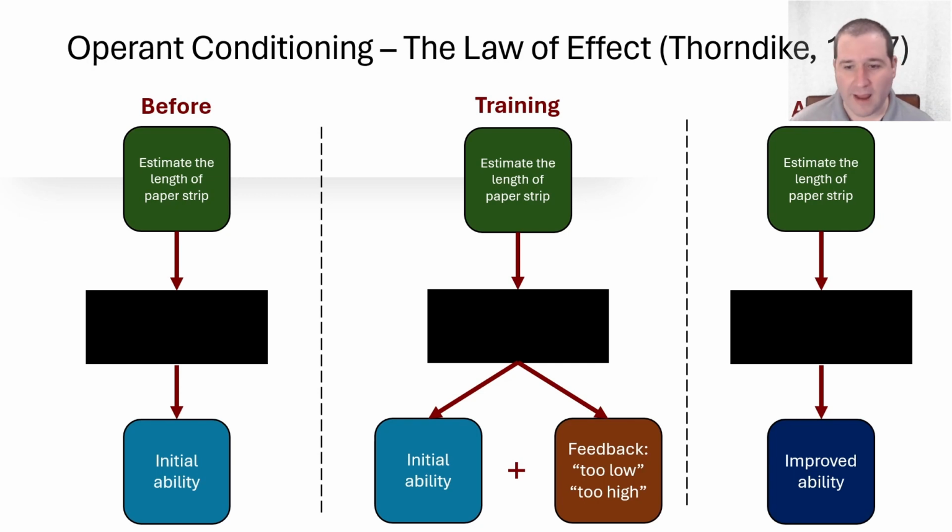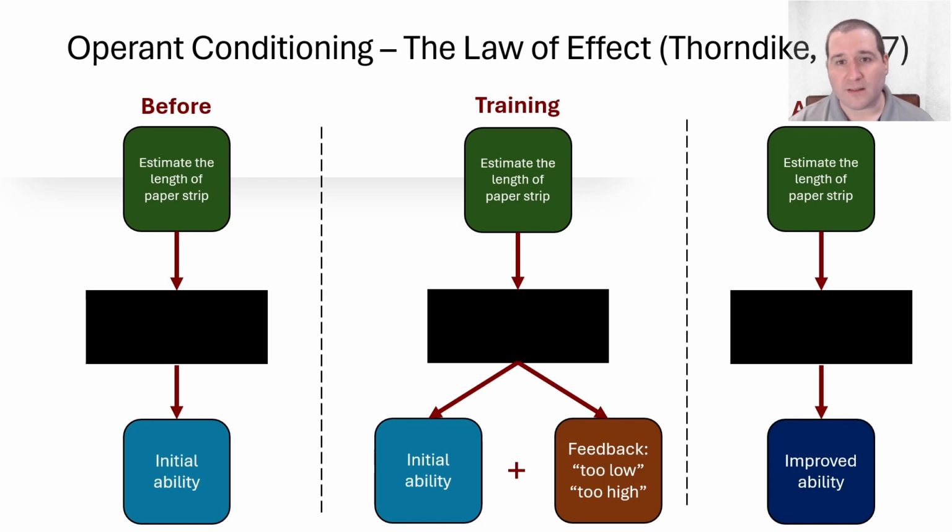This is very evident in the statistics, where the intervention group that is getting that feedback scored much higher between sessions than the control group. So he had two groups, one that got feedback after taking their guess of the length of the paper strip, and they scored much better after practice sessions and experience than the group that got no feedback, as you would imagine.